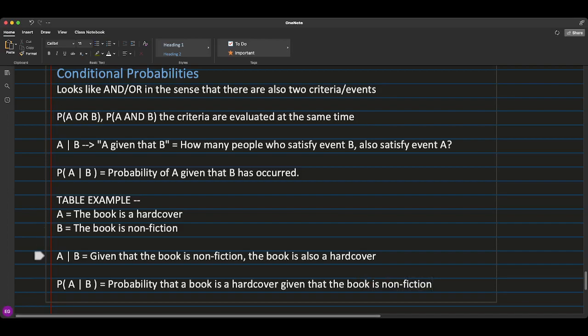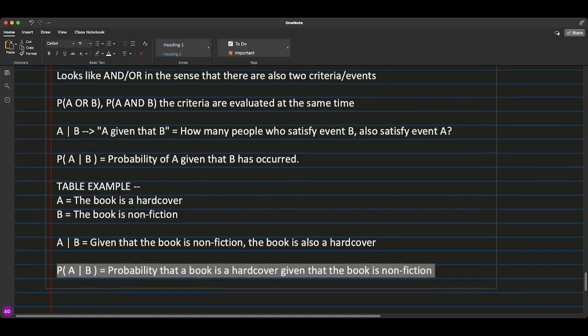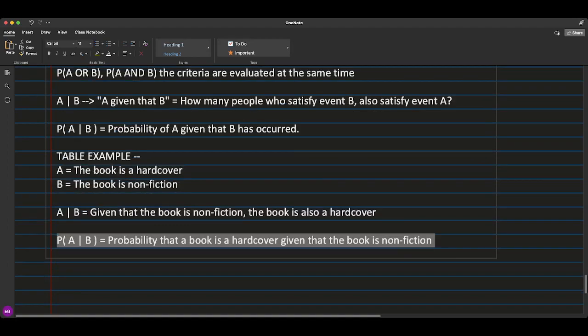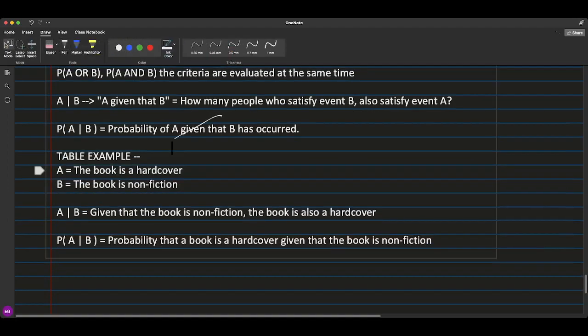Okay, so usually when we write this, it goes in the same order as this. Remember, A is that it's hardcover, but it's given that it is nonfiction. So when you think about this, you have to first constrict yourself only to how many books there are that are nonfiction.